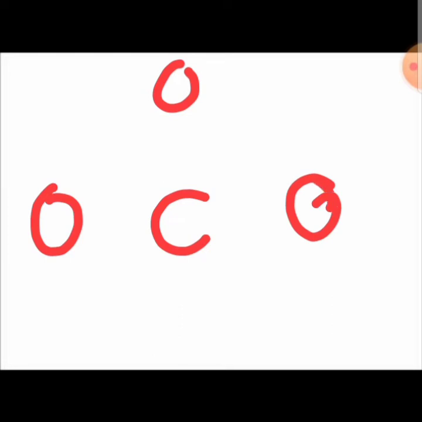Now we are going to write the bonds. We know the carbon valence shell has 4 electrons. So with 2 oxygen atoms, carbon forms single covalent bonds, and with 1 oxygen atom, carbon forms a double bond.